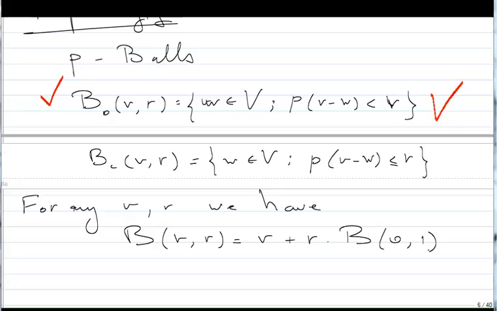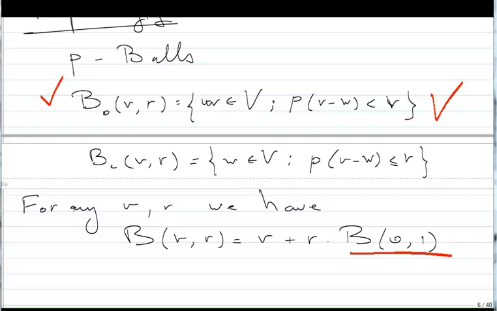These are direct from the properties of the seminorm P. For that reason we can focus basically on the unit open ball or the unit closed ball.